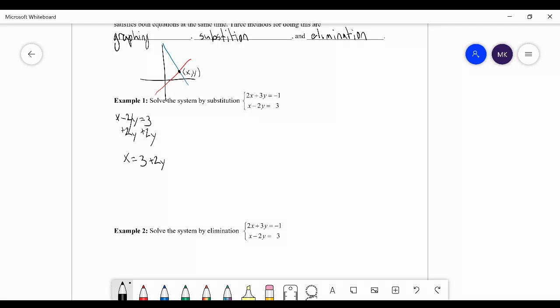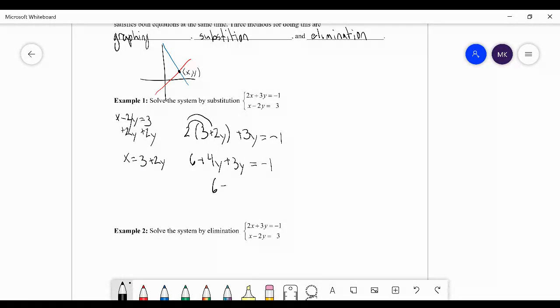Now we have this value for x, and we can substitute that into our other equation. When I do that, I get 2 times, instead of x, we have 3 plus 2y, plus 3y equals -1. Now we distribute, giving us 6 plus 4y plus 3y equals -1.